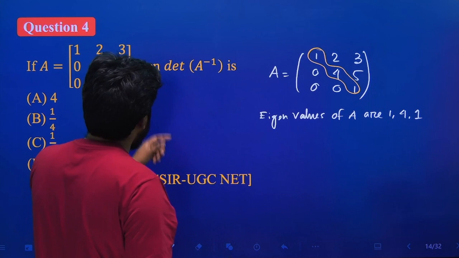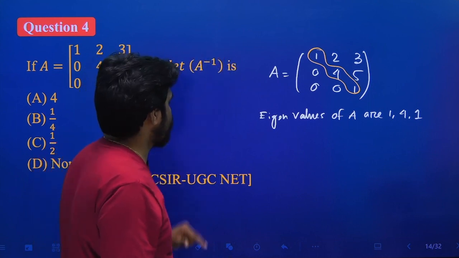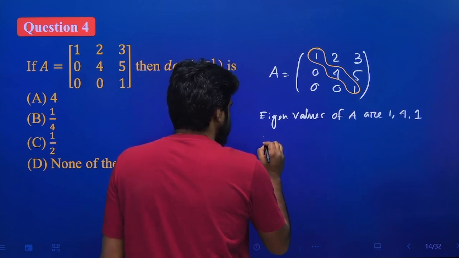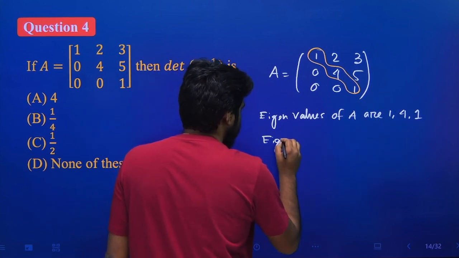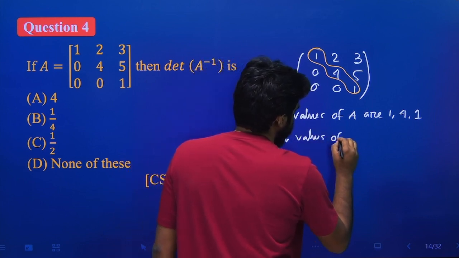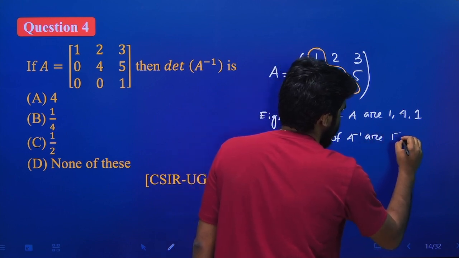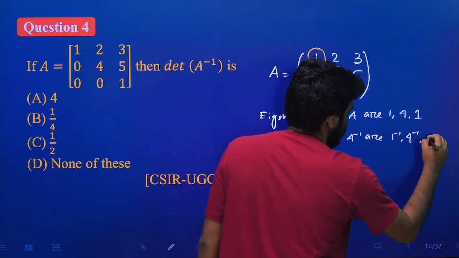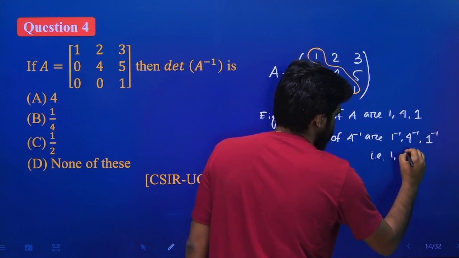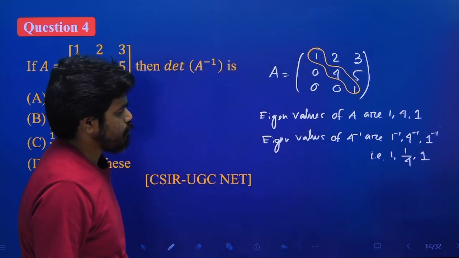We have to calculate determinant of A inverse. If the eigenvalues of A are 1, 4, 1, then the eigenvalues of A inverse are 1 inverse, 4 inverse, 1 inverse, that is 1, 1 by 4, 1.